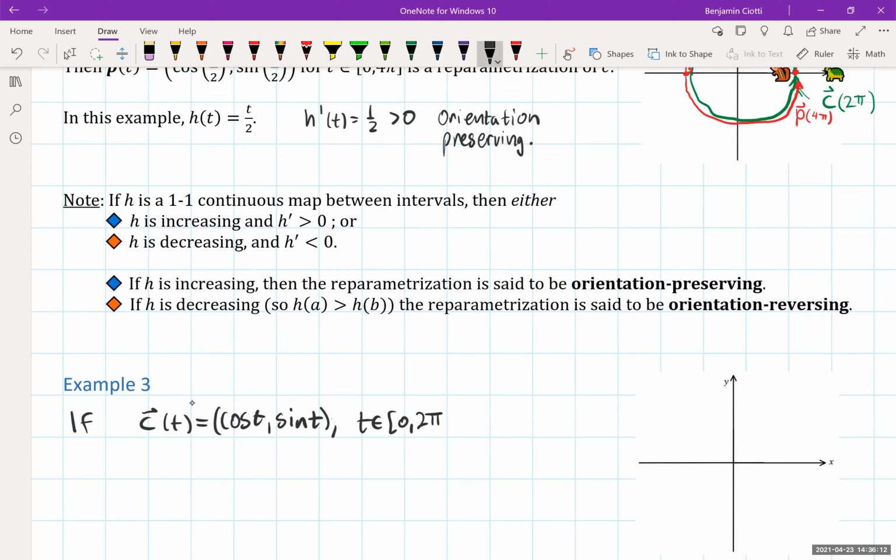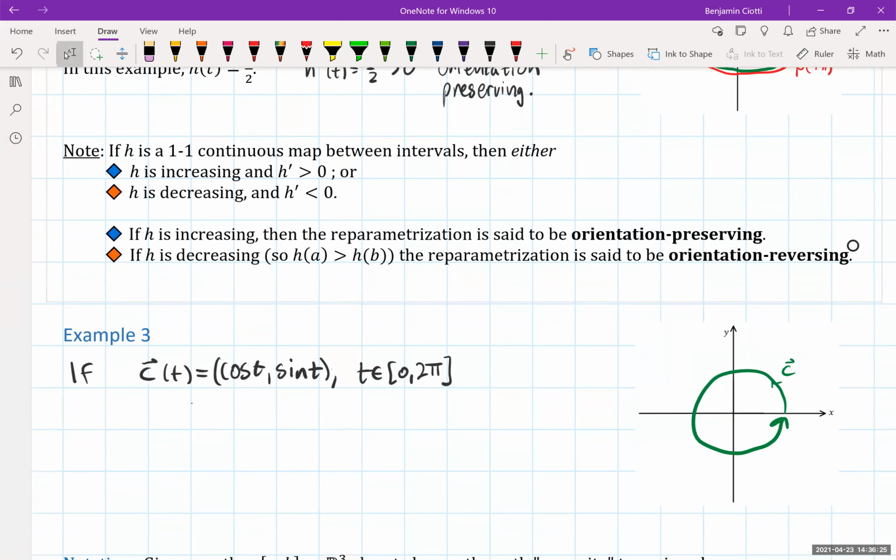So we already know that this just goes around the circle in 2 pi. So that's C. Then a reparametrization that corresponds to moving in the opposite direction. Like I said, there are many.